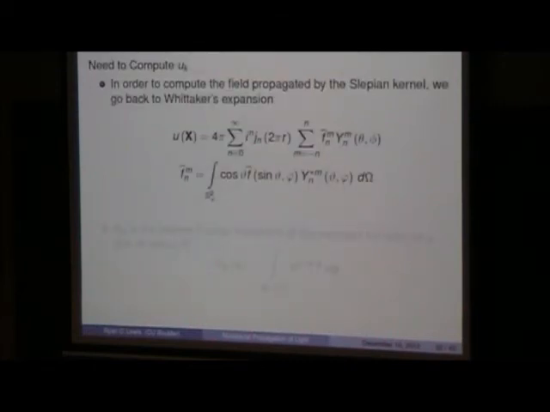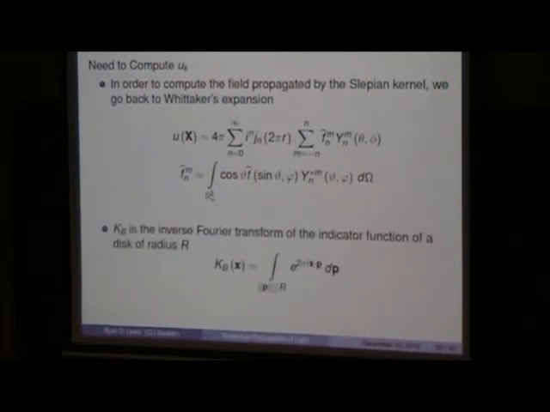So the last step is we need to evaluate U_K. That turns out to be easy. You go all the way back to the beginning, and you substitute Whittaker's expansion for the field. And so there I have reproduced it. And it turns out that because the Slepian kernel is so simple, it's just the inverse Fourier transform of the indicator function of the unit disk, you can plug that into the appropriate integral.